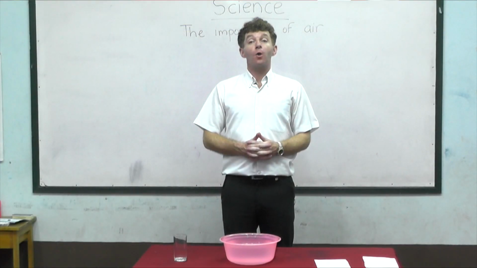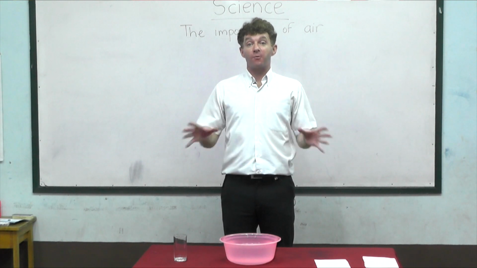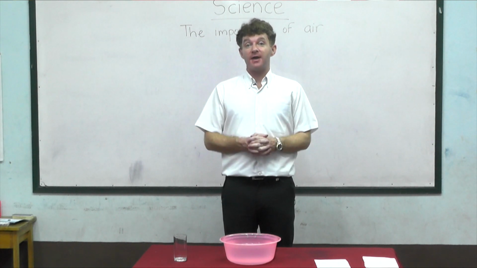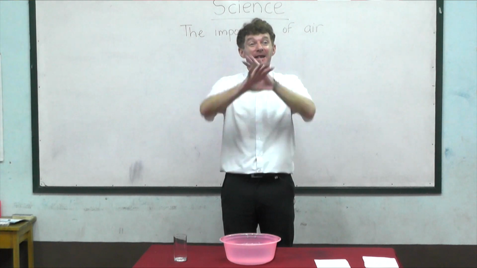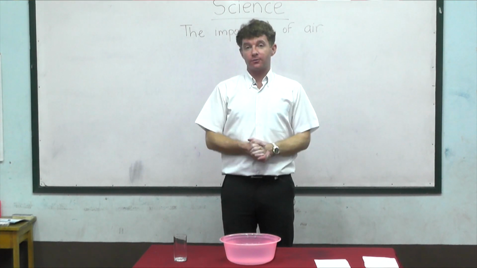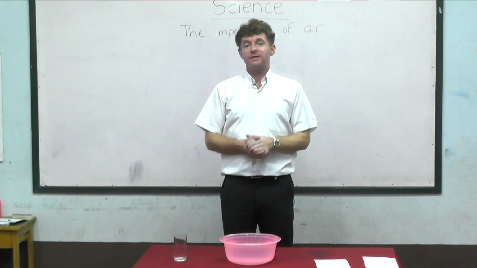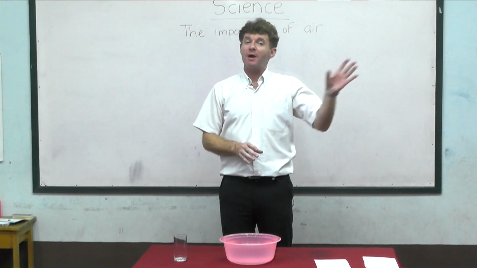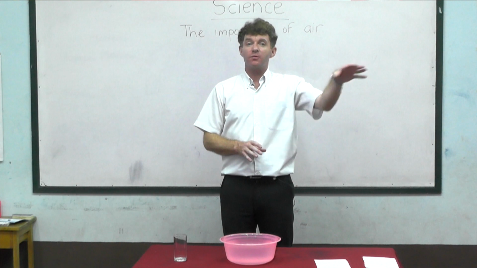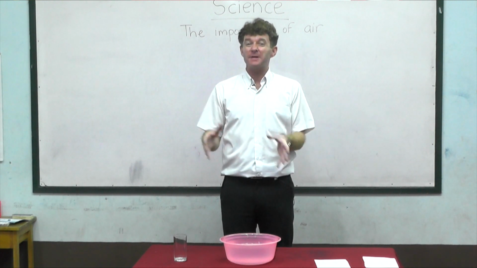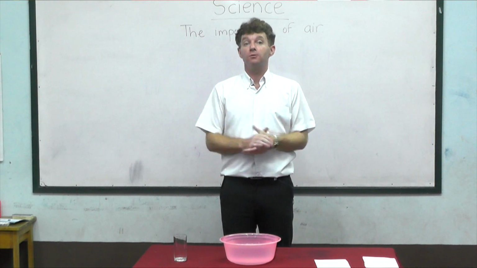And now we're going to do an experiment to prove the importance of air and how we can tell that air is all around us. So teachers, this is a practical experiment. If at your school you have a science lab or another school canteen or a room that's more comfortable, you can use that room.